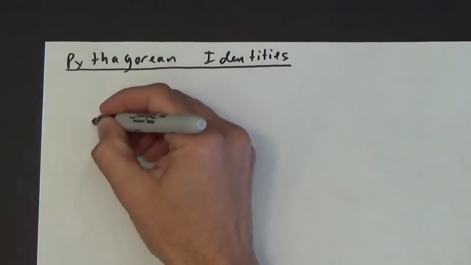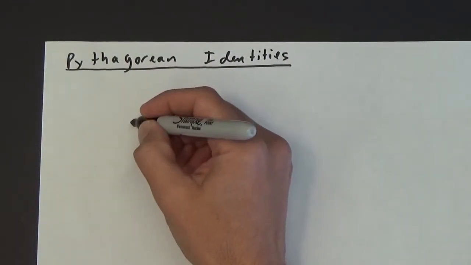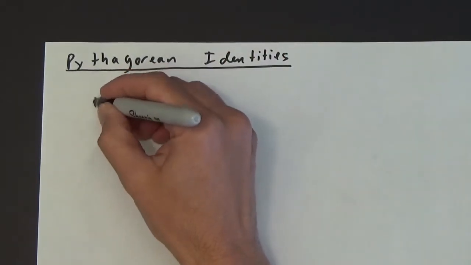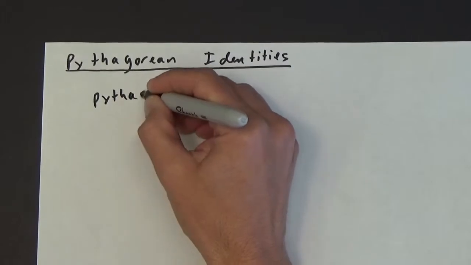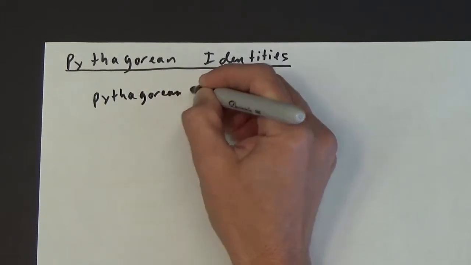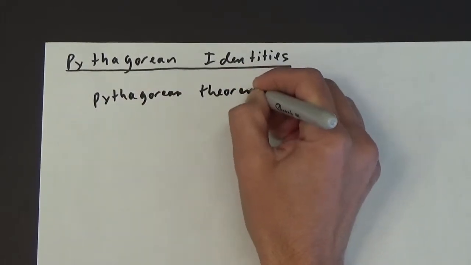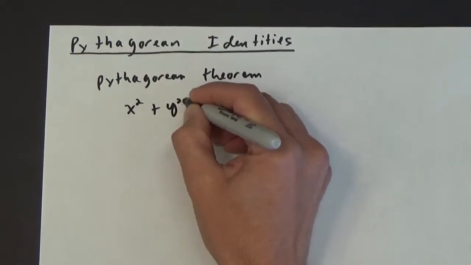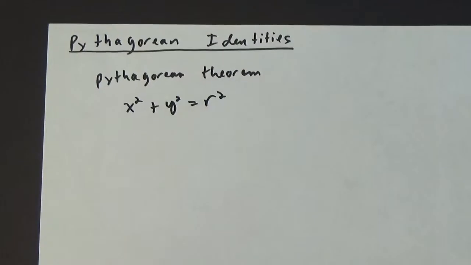Let's start off with the Pythagorean theorem. The Pythagorean theorem states that x squared plus y squared equals r squared.